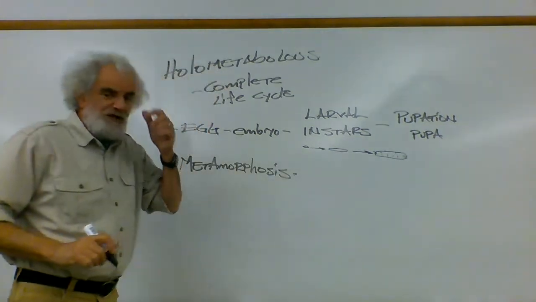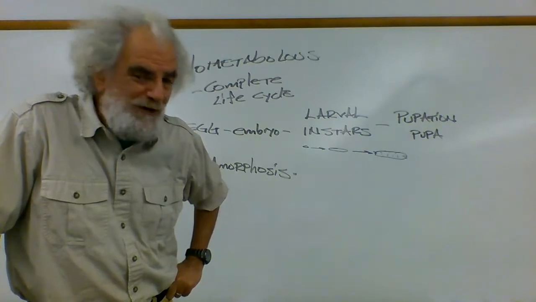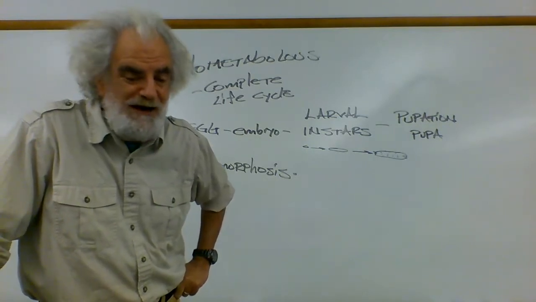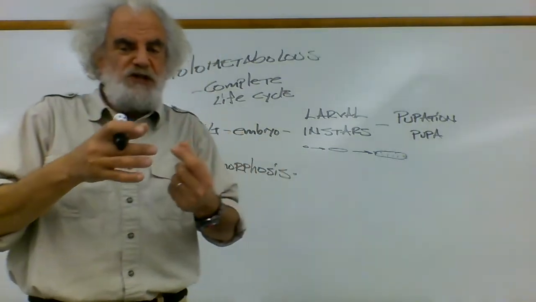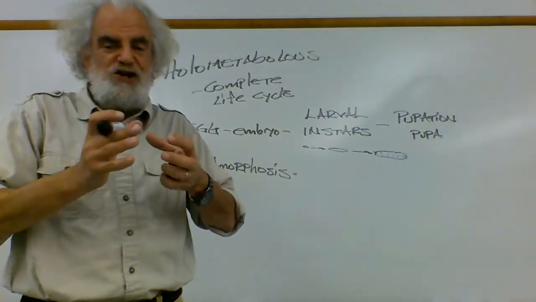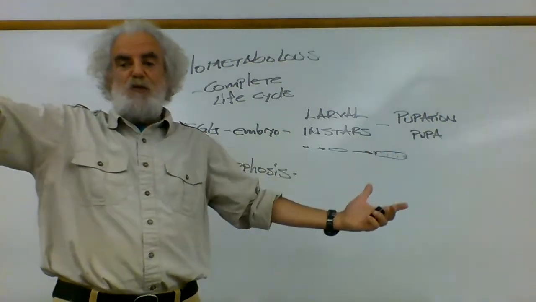It's very much like a transformer. Not to get too much into the detail, but there's a really cool molecular genetic idea going on here. They don't change cell number. They don't carry out any more cell division. They just carry out cell rearrangement. And they go from being this maggot shape to being a winged creature.